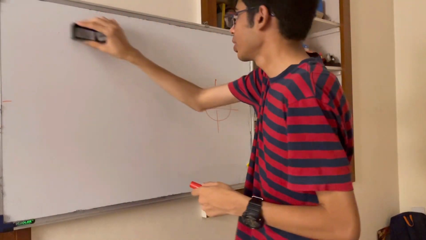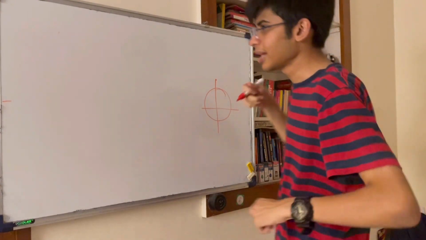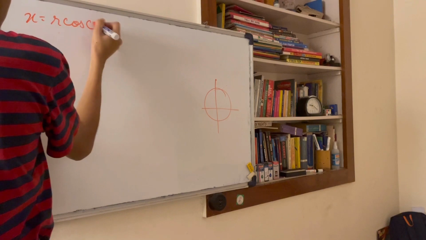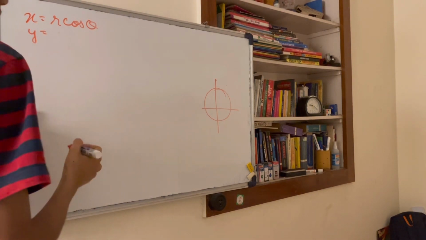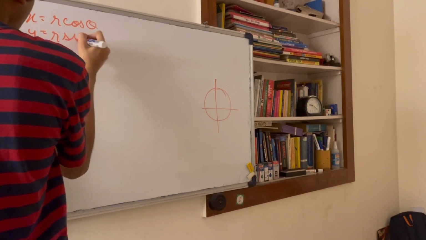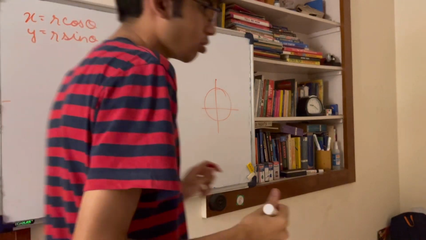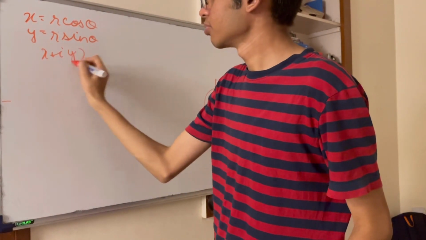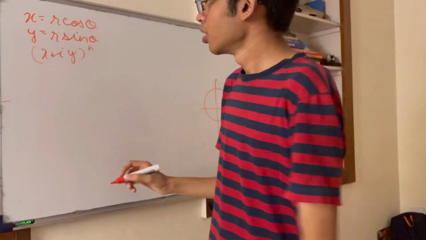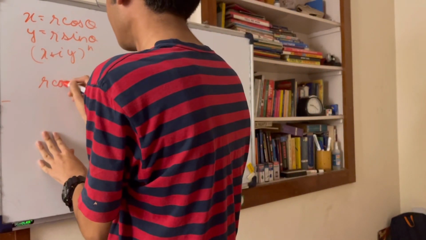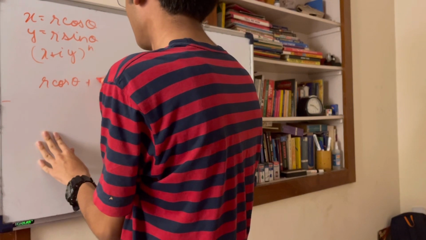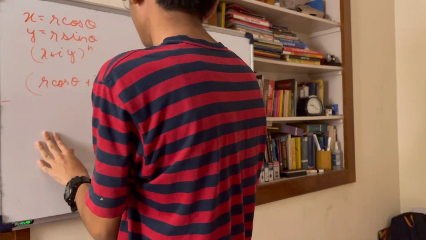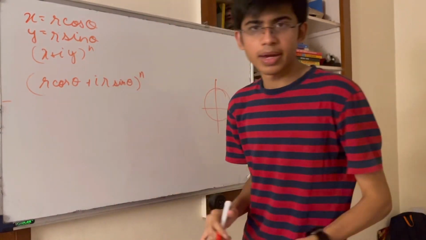Let's know this as well. So let's take x as r cos theta and y as r sin theta. So the solution was (x + iy)^n. So I can write this as (r cos theta + i r sin theta)^n.